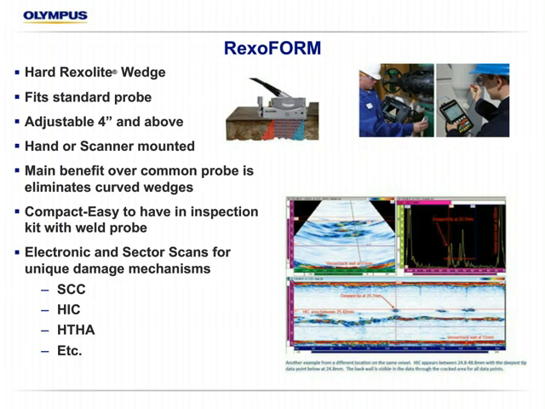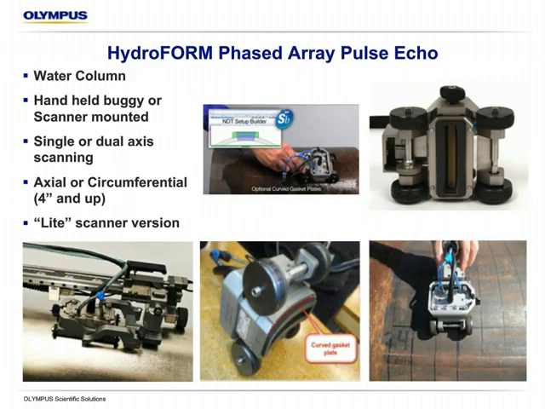The other great thing is that because we're going through the plastic, the Rexolite, like we do with our common phased array probes, there's no limit in steering. If we look at the Hydroform, it's really designed for corrosion mapping only at 0 degrees. There's some ability to do beam steering at different angles, as we talked about before, but it is limited by the mechanics of the cart you have it in.